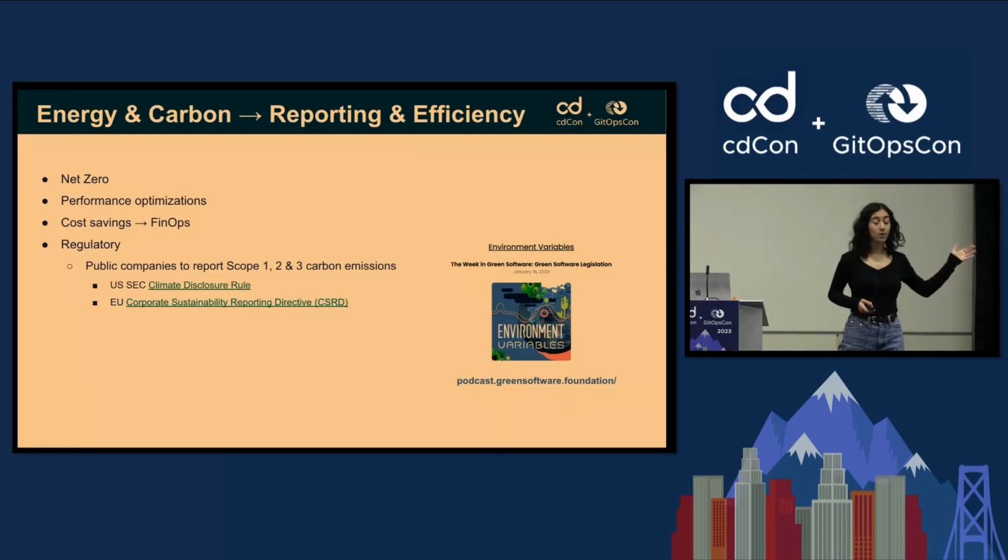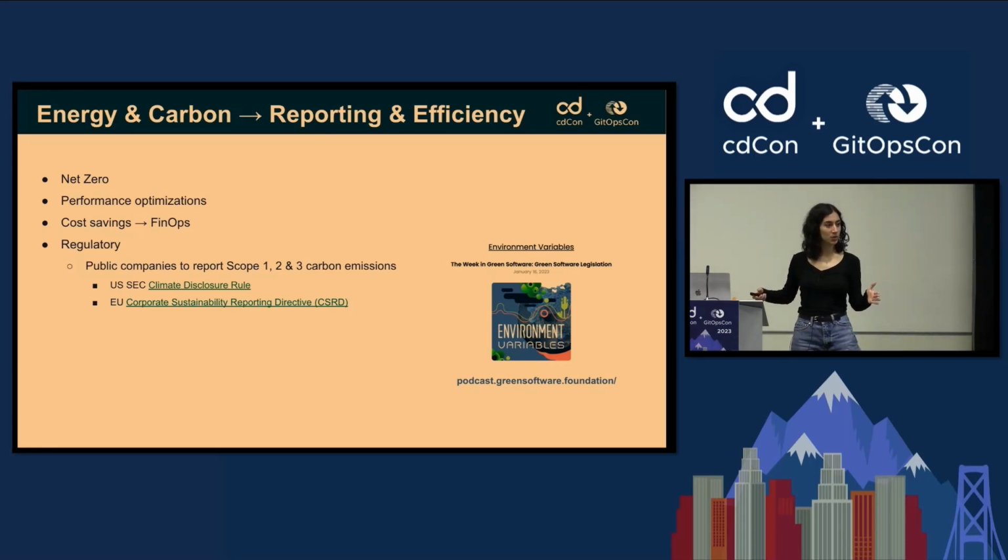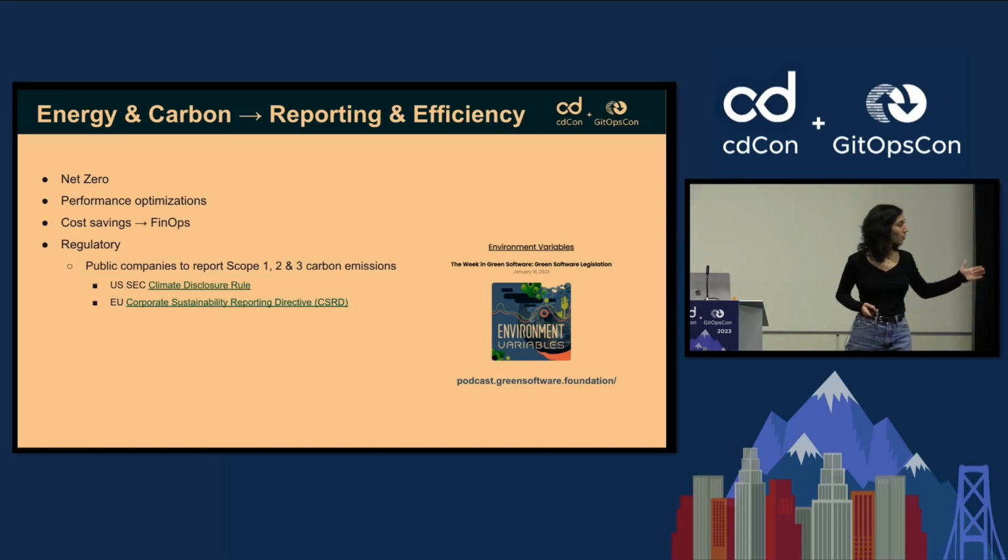And in the EU, there's already been a law that's passed and is going to take 18 months to be implemented, and that's the Corporate Sustainability Reporting Directive, or CSRD. That's going to also require companies, especially publicly traded large companies, to report on their carbon emissions.